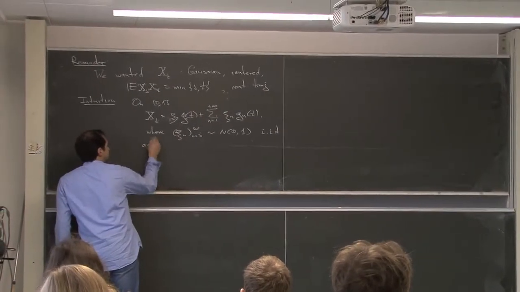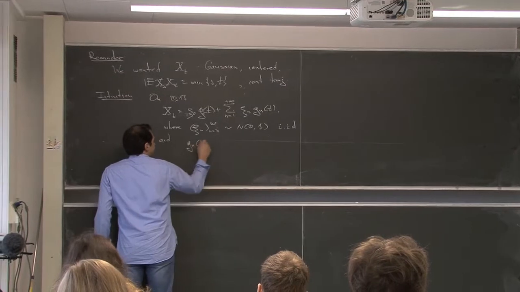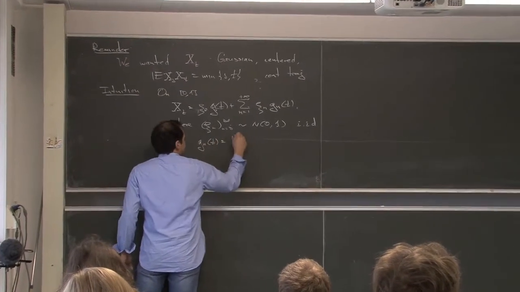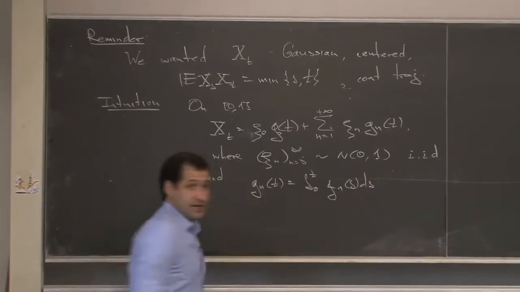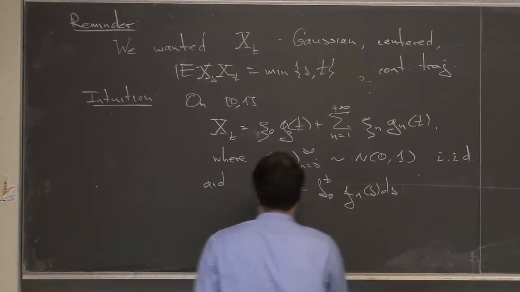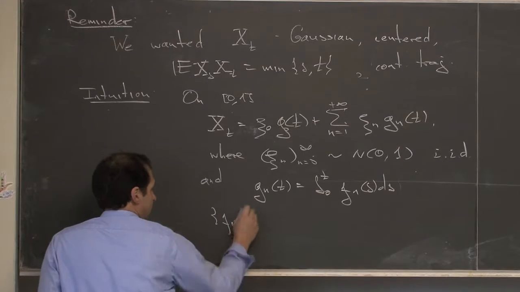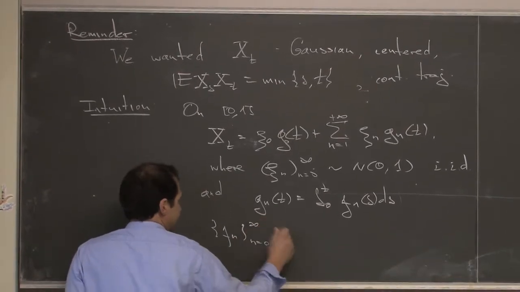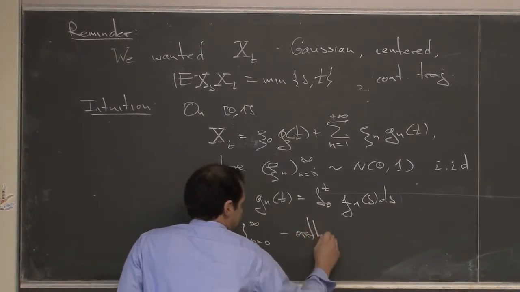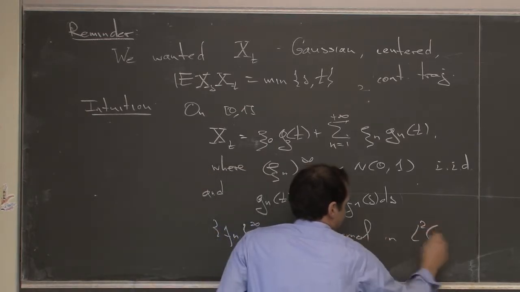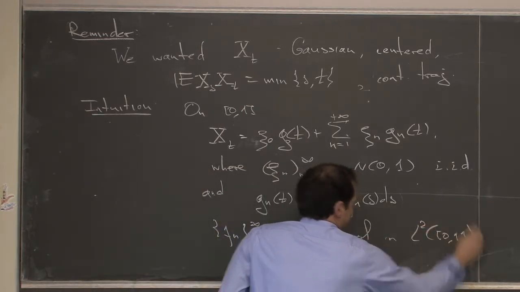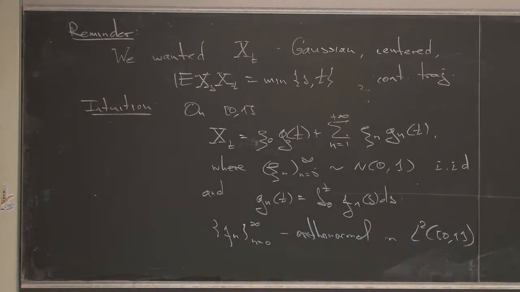And these functions are nothing but primitives of this basis. So this is an orthonormal basis. Right? So then what happened?